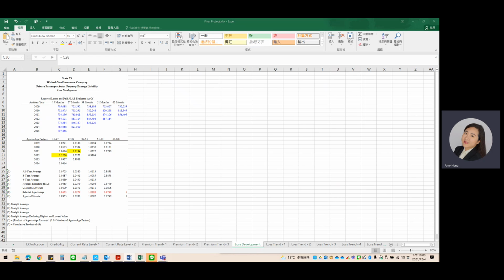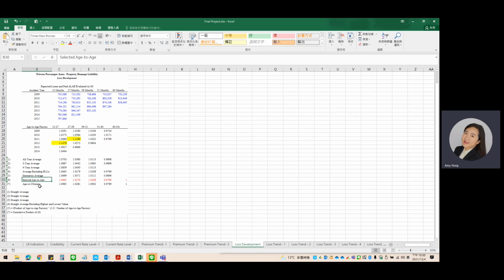The reason I made this selection is because I observed there are relatively big age to age factors, which I colored in yellow. And the only way to get rid of those two factors is using the average excluding high and low.